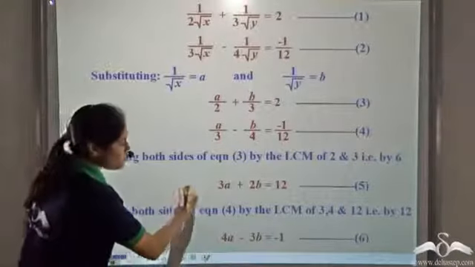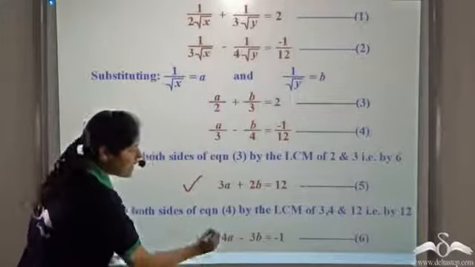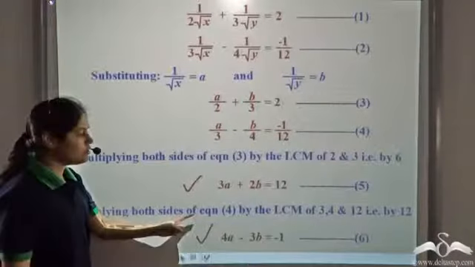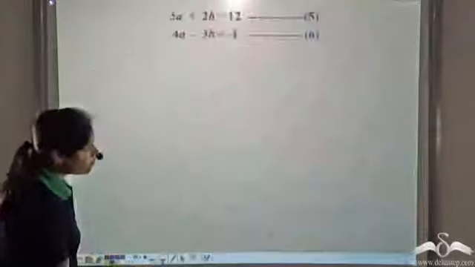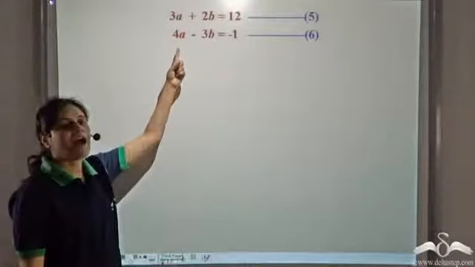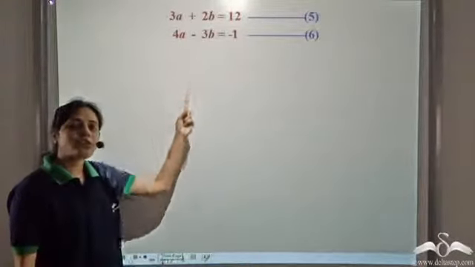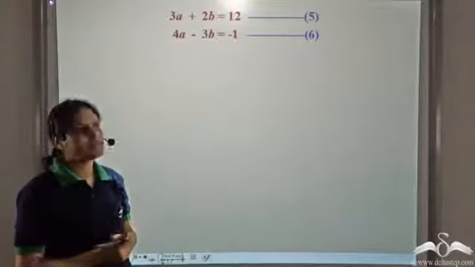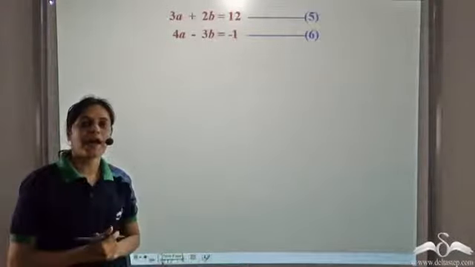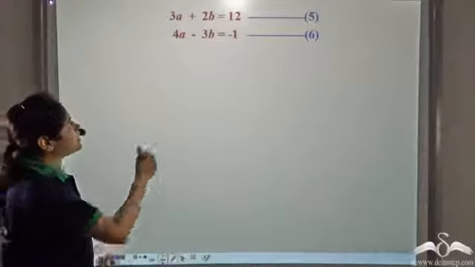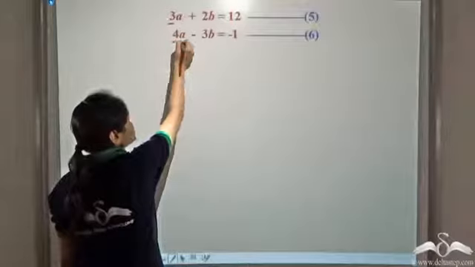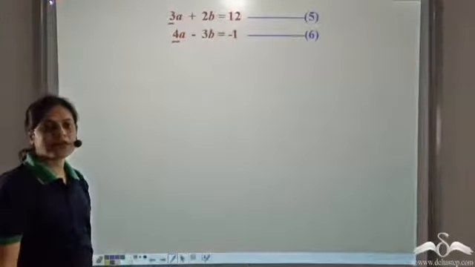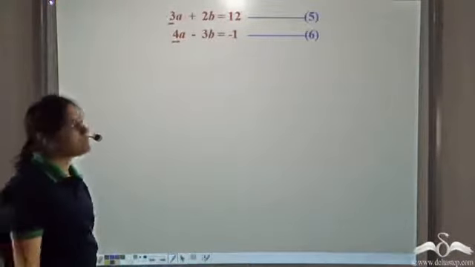Now, let us solve equation 5 and equation 6 in order to get the values of a and b. Let us solve it using the elimination method. The coefficient of a is 3 in the first equation and 4 in the second equation, so they are not the same.